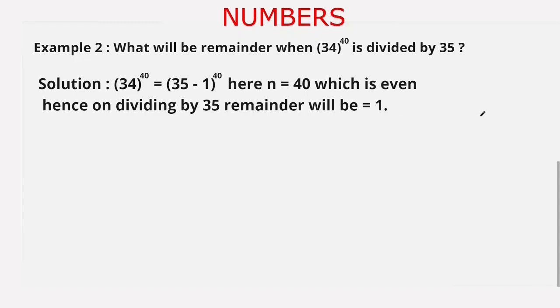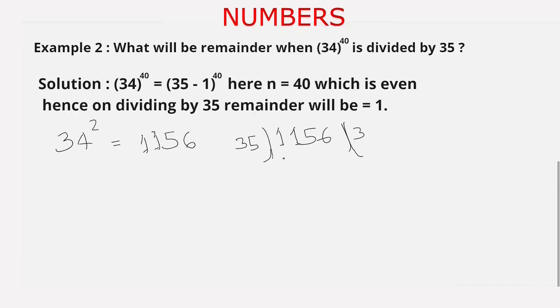We can understand this by one easy example. 34 square, where 2 is even, has a value that comes out to be 1156. Now we divide it by 35. 1156 divided by 35: 35 times 3 is 105.